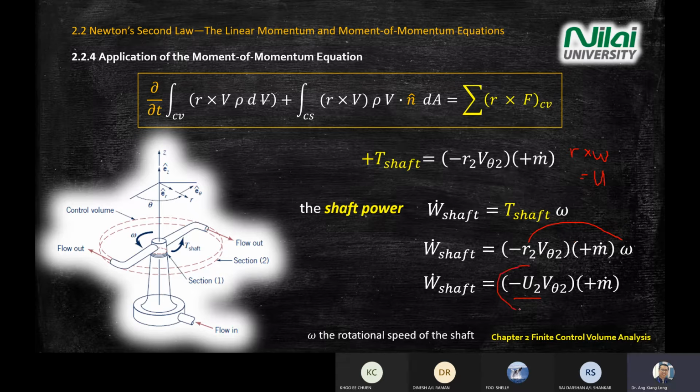So this is hidden information. Usually in the question, there will be one particular section that will ask you to calculate U2. The equation for U2 is R times omega. Omega will be given, R2 will be given. So this basically is a bonus mark if you understand what U2 is. Because R2 will usually be given, omega will be given. You take omega times R2, you get U2.